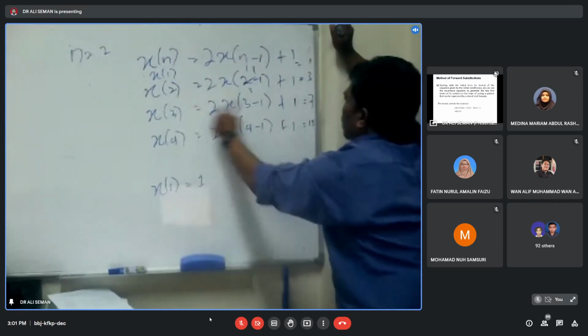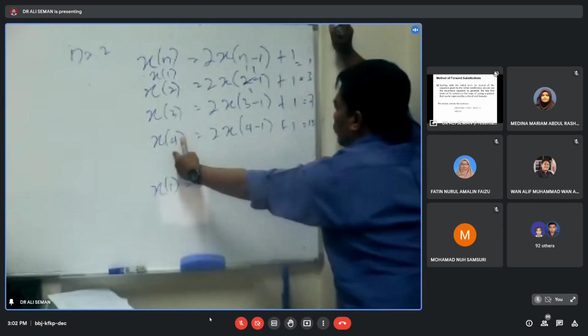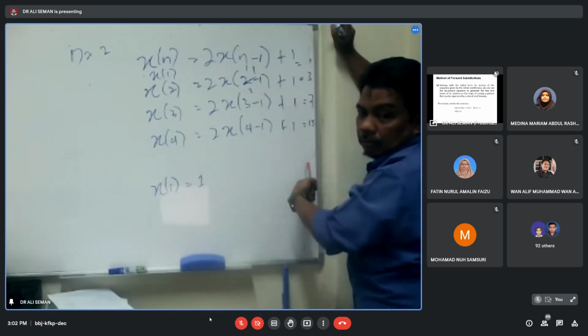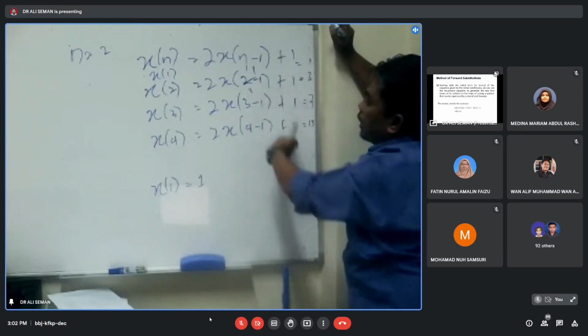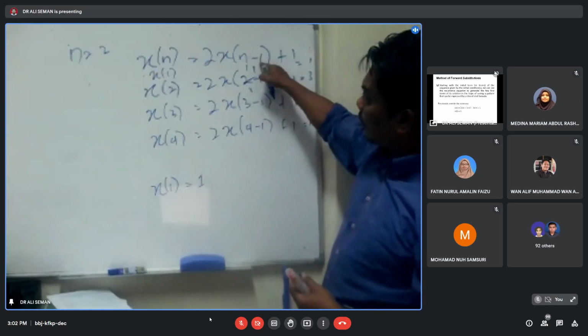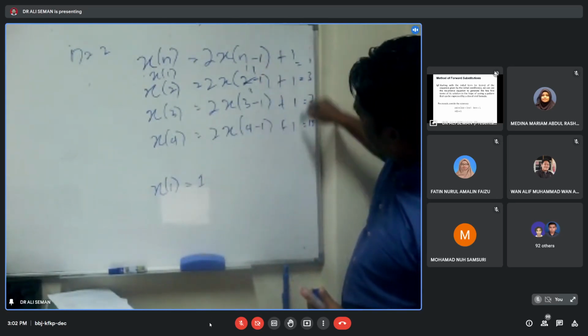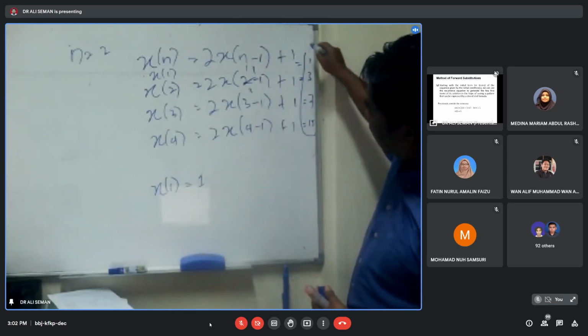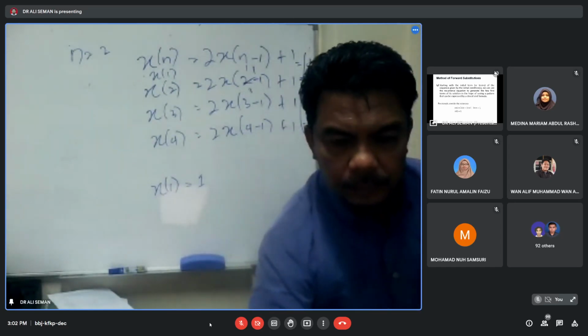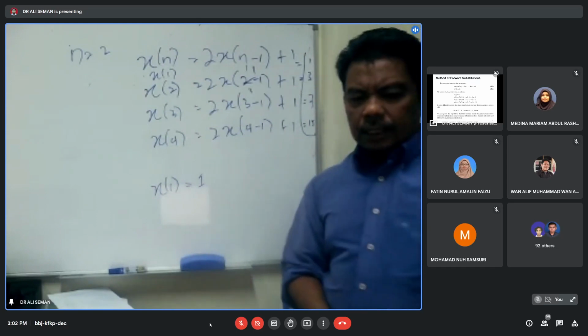If n equals 3, the answer is 7. If n equals 4, the answer is 15. This is actually the forward substitution method. The values increase, even though here the recurrence decreases, but the answer is actually based on forward substitution. Okay, this is the answer basically.